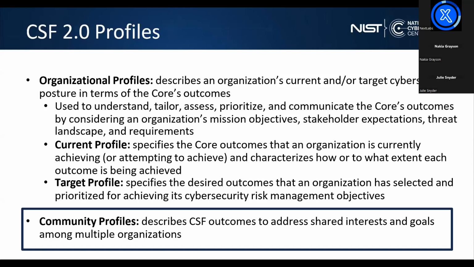So they will want to specify the desired outcomes that their business has decided to prioritize for achieving its cyber risk management objectives. These profiles are normally developed internally and tailored to the specific business, and they're not public.